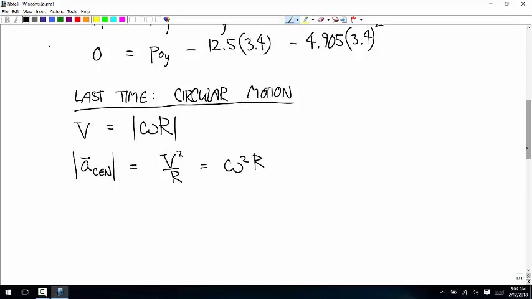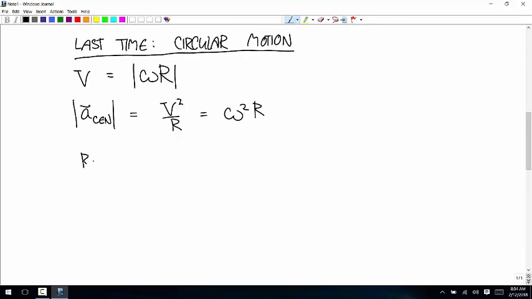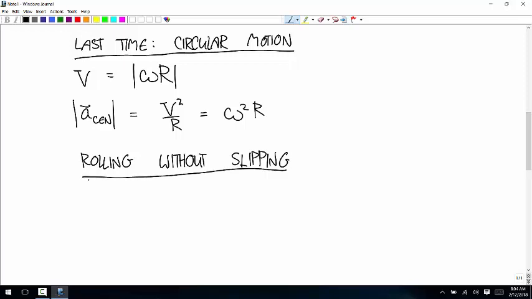so the last thing we have to talk about related to circular motion is rolling without slipping. And anytime someone talks about rolling at all, they're talking about rolling without slipping, because if it's slipping, it's just like sliding along, you know. So if it's rolling, we're assuming that it's not slipping.